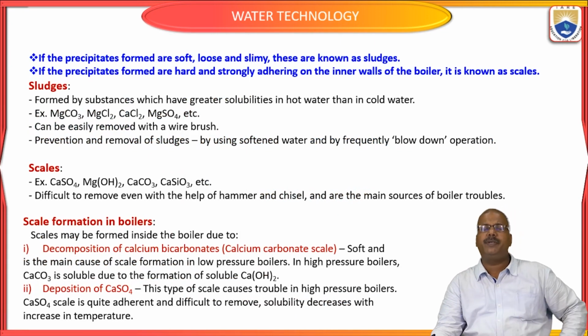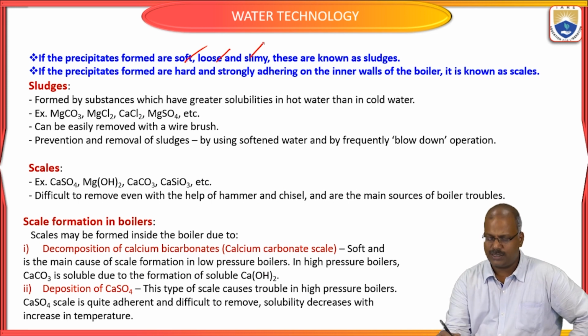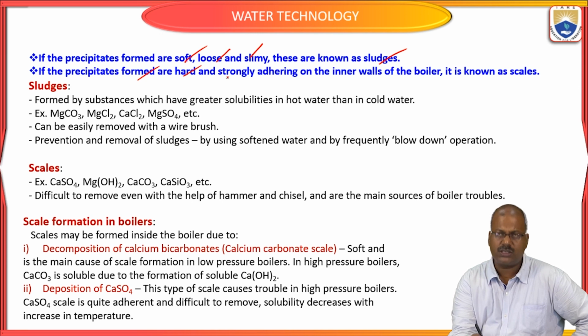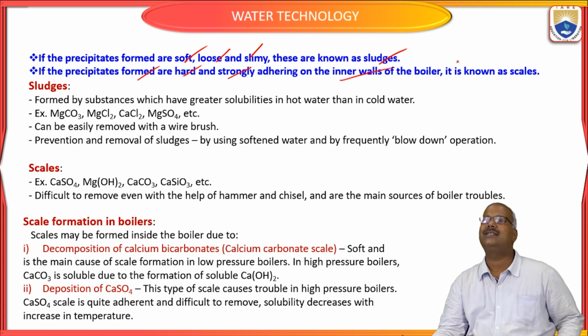If the precipitates formed are soft, loose and slimy, these are known as sludges. If the precipitate formed is hard and strongly adhered to the inner walls of the boiler, it is called scales.